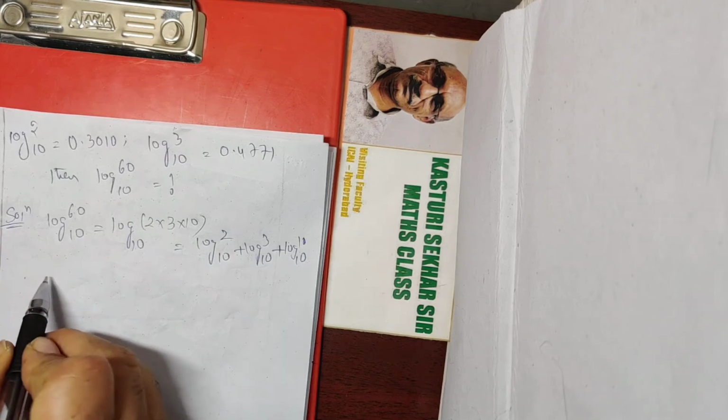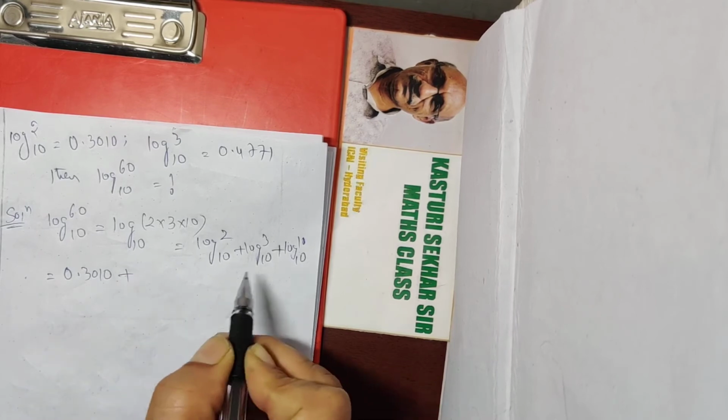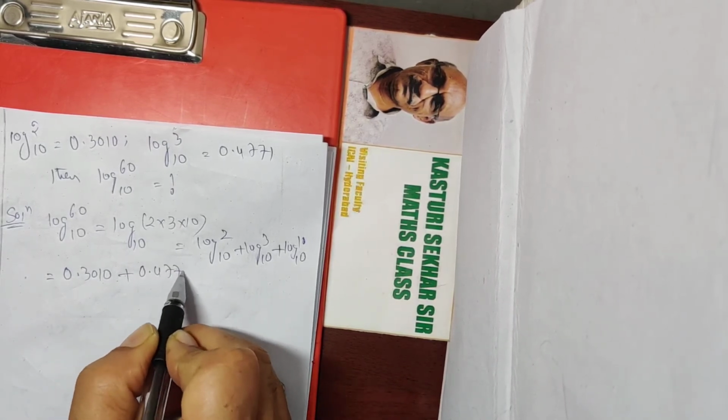Log ABC can be written as log A plus log B plus log C. Log 2 to the base 10 is 0.3010, log 3 to the base 10 is 0.4771, plus log 10 to the base 10 is 1. So 0.3010 plus 0.4771 plus 1 is 1.7781.